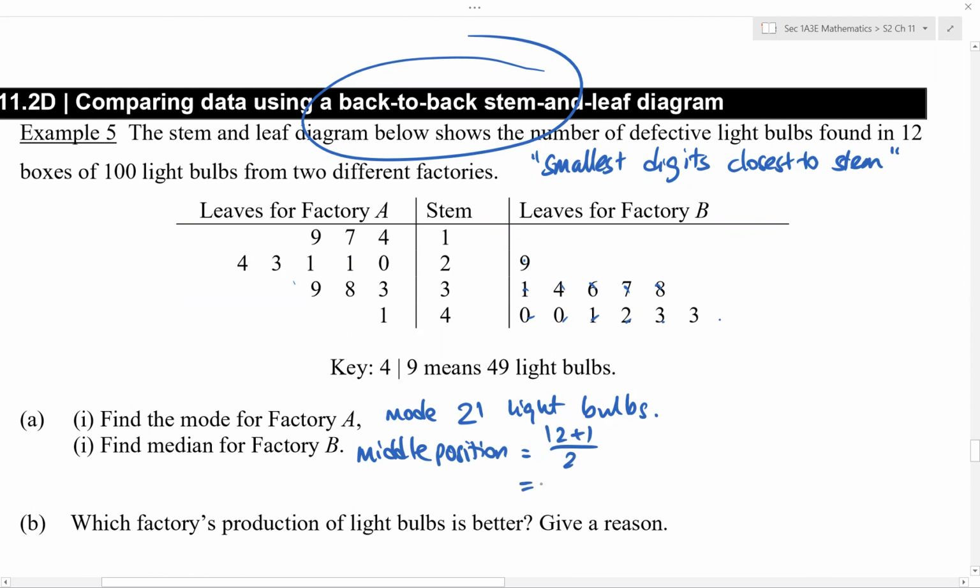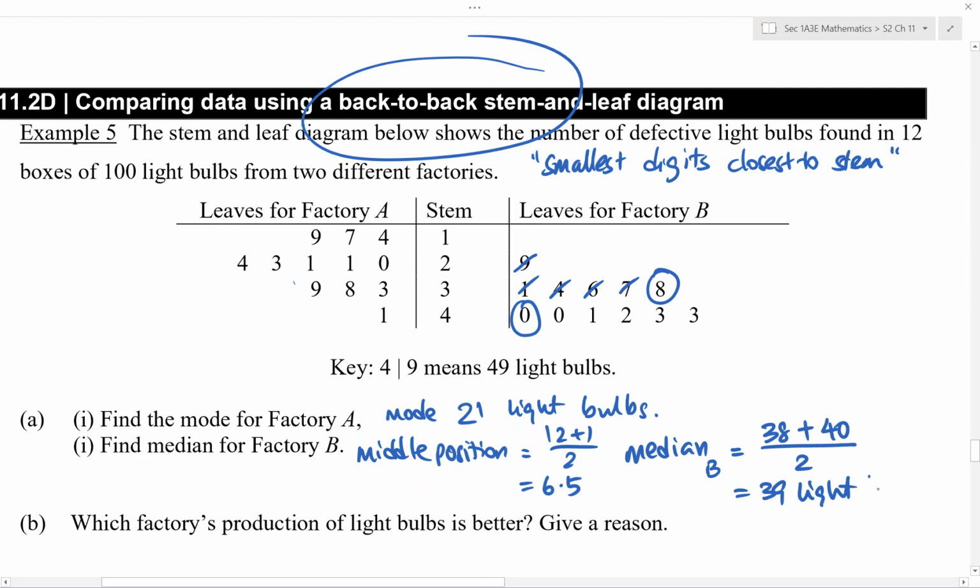So the middle position is 6.5. Looking for position number 6 and position number 7. This is 1, 2, 3, 4, 5, 6, and 7. Median for B will be 38 plus 40 divided by 2. So we get 39 light bulbs.